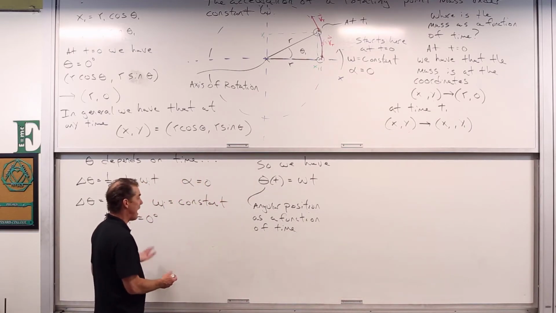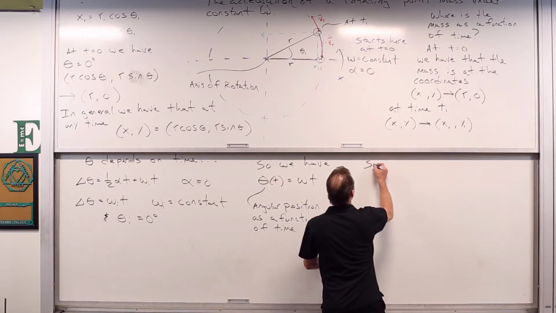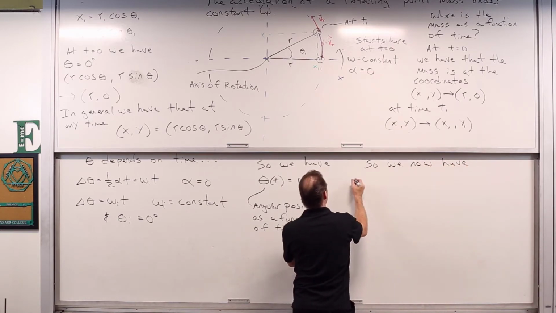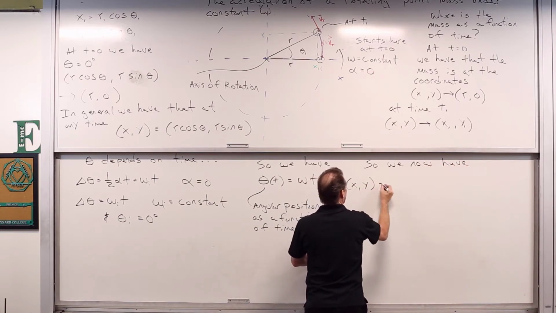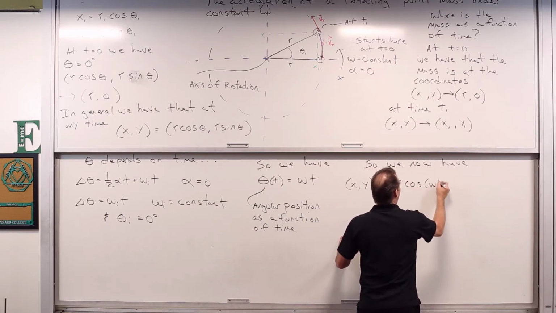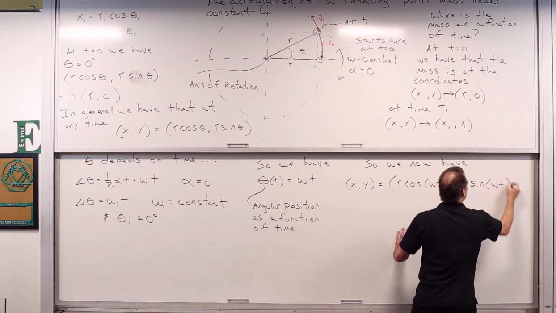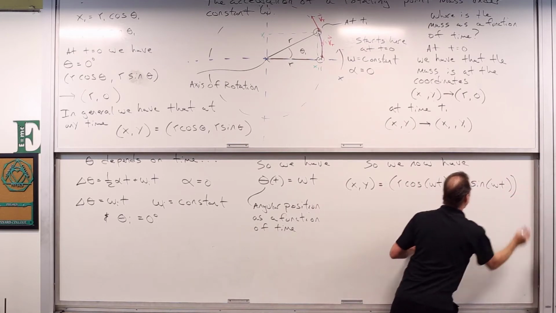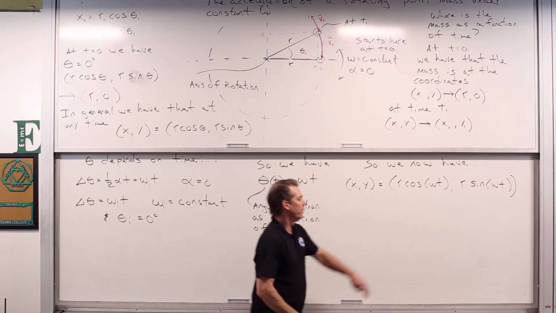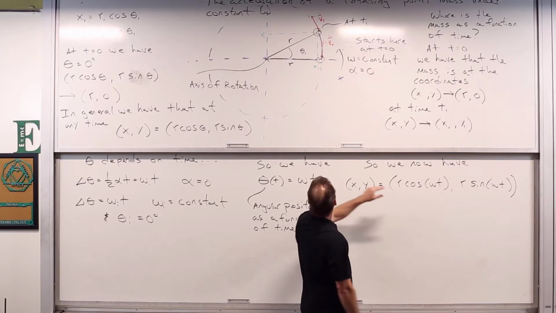Now we can write out what the position is as a function of time in terms of an ordered pair. So x, y can be written as r times the cosine of omega t, comma, r times the sine of omega t. And we can make sure that this all works out. When t is equal to 0, cosine of 0 is 1, which just gives us r.